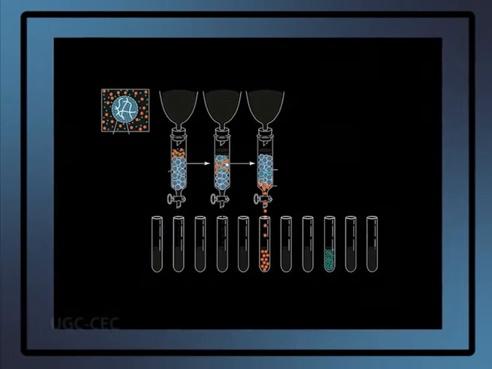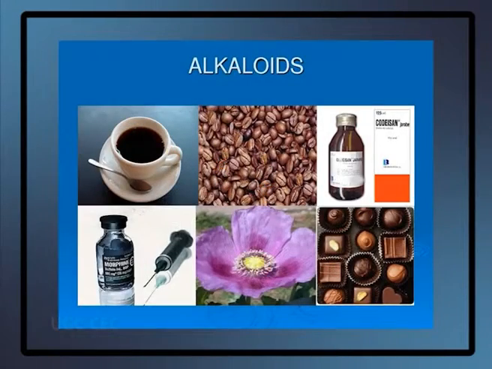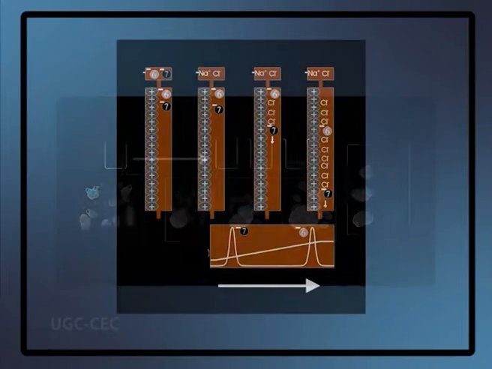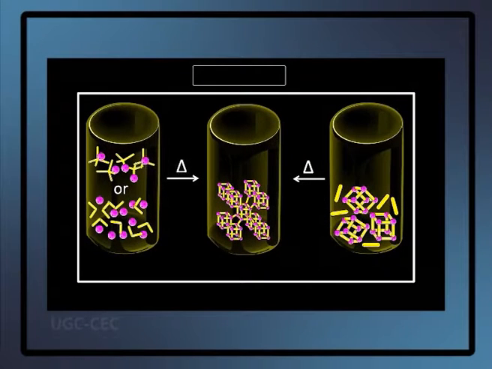Both the mixture components and the mobile phase must be charged. A mixture of alkaloids which contains positive charge can be separated on an ionic exchanger, while a mixture of organic acids which bears negative charge can be separated using a cationic exchanger.